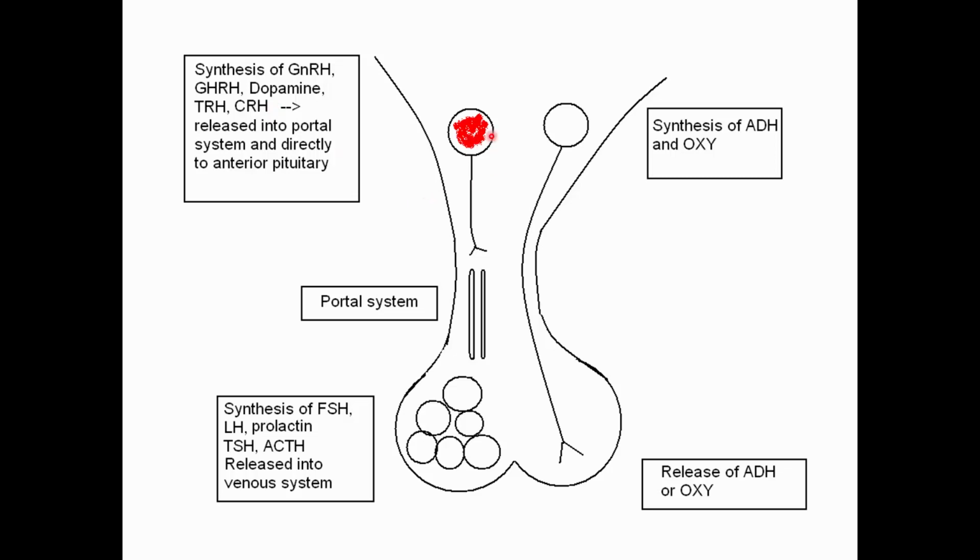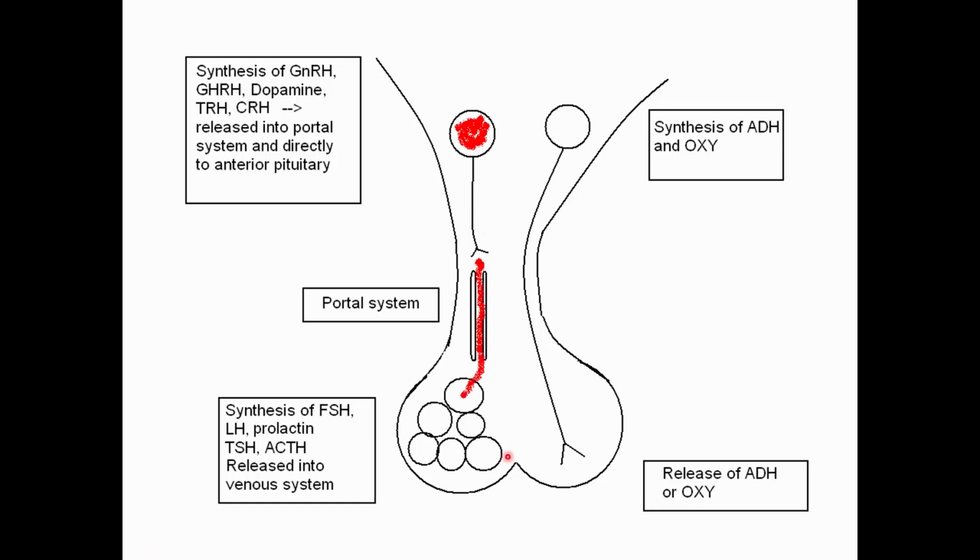They're released from this neuron into the portal system, and that portal system then takes that hypothalamic hormone. It binds to its receptor in the anterior pituitary. These cells could produce FSH and LH, could produce prolactin, thyroid stimulating hormone, adrenocorticotropic hormone. Those are the stimulating hormones released from the anterior pituitary.